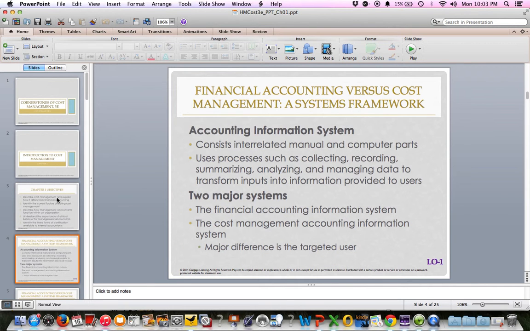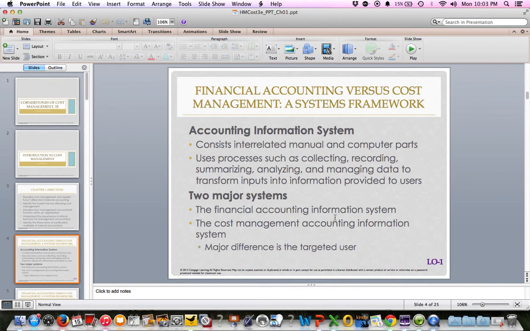And for this class, which is cost accounting, you can see at the top it says financial accounting versus cost management and systems framework. Financial accounting deals with two major systems, the financial accounting information system and the cost management accounting information system, and the difference is the targeted user.